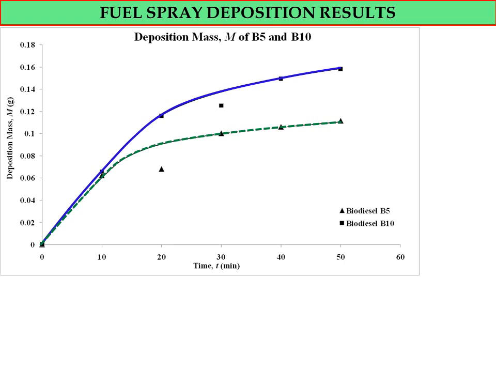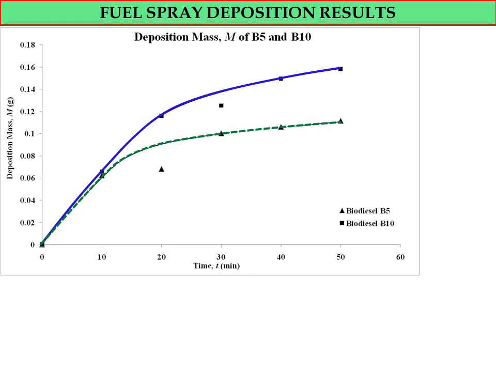Clearly we can see that at the beginning the formation of deposit for B5 and also B10 is almost similar for times below 10 minutes. However, after 10 minutes, we have a different pattern of deposit development for B5 and B10.